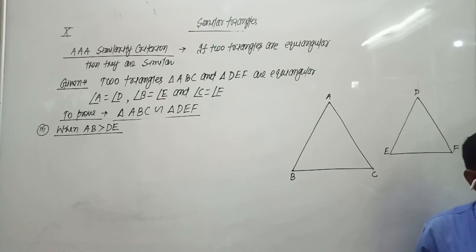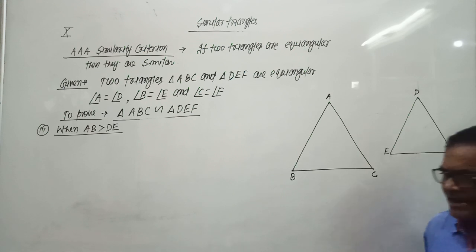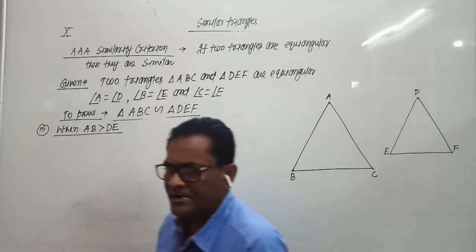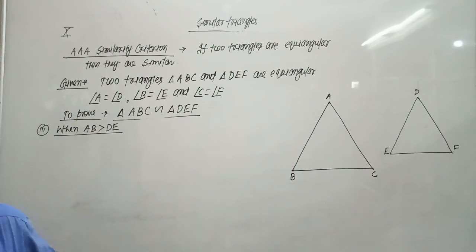First two cases we have discussed. The first case was when AB equals DE, the second case was when AB is less than DE, and the third case we are going to discuss is when AB is greater than DE. So we make a construction.